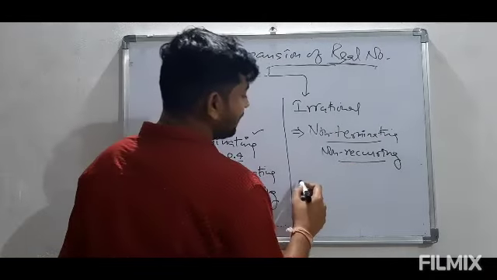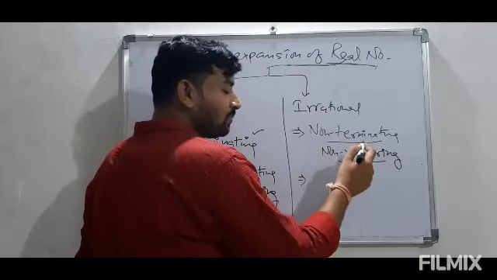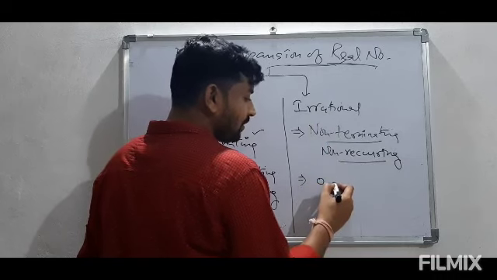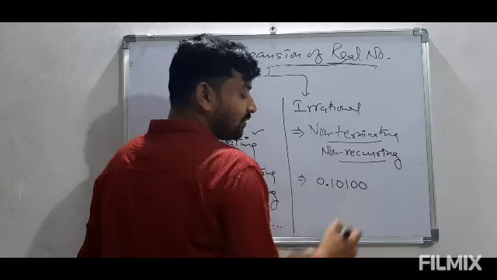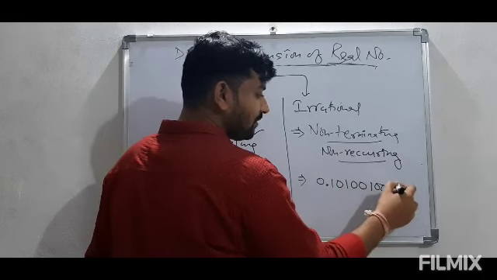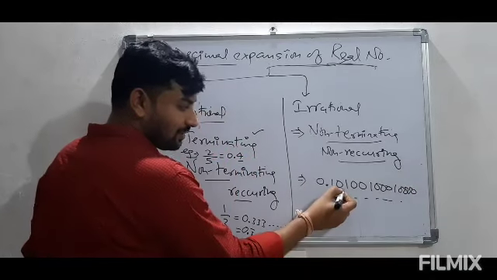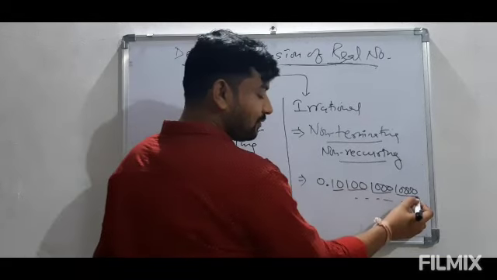Now let us come to the irrational part. In the irrational part, the decimal will be non-terminating as well as non-recurring, like 0.10, then it can be 100, 1000, 1 4 times 0, and so on. Means it seems like it is repeating, but there is a difference.